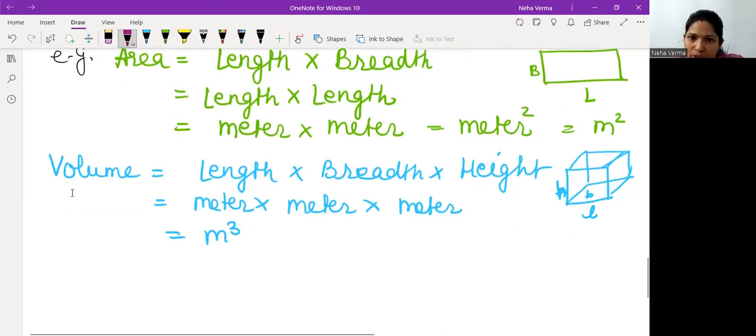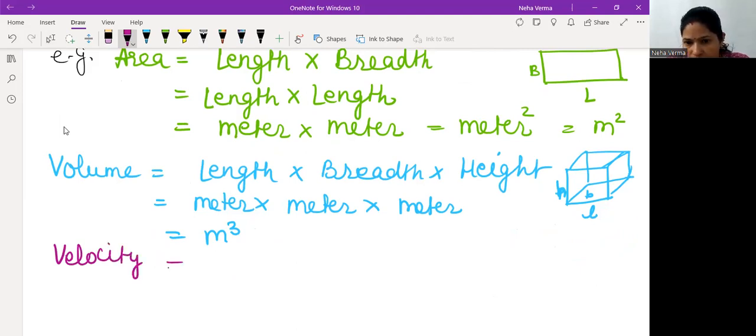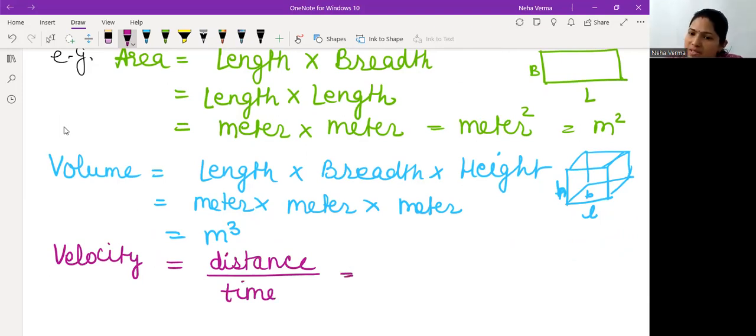Let's see some more examples, like velocity. What is velocity? Velocity is distance upon time. We will read this further. The unit used for measuring distance is meter, and time is measured in second. So velocity can be explained in meter per second.